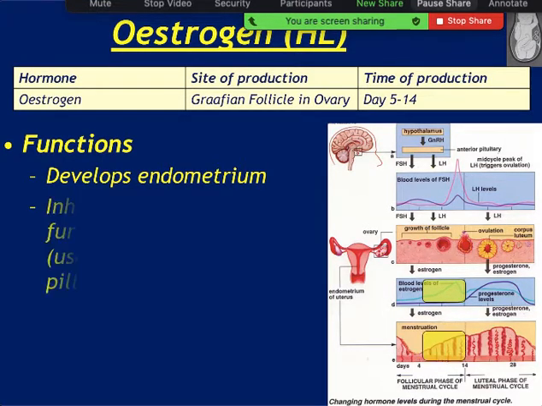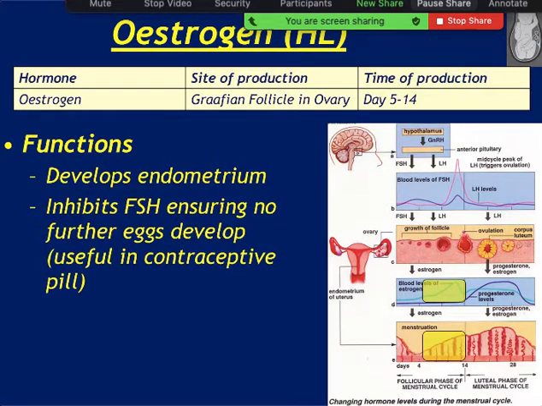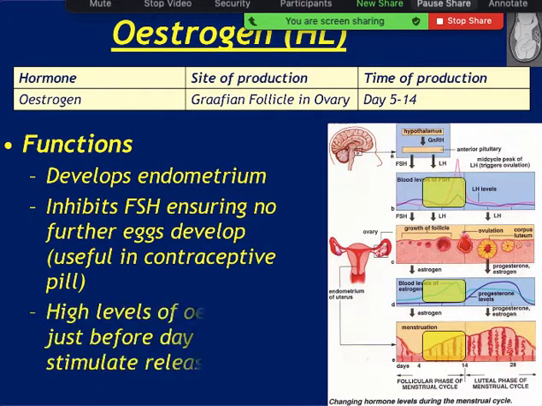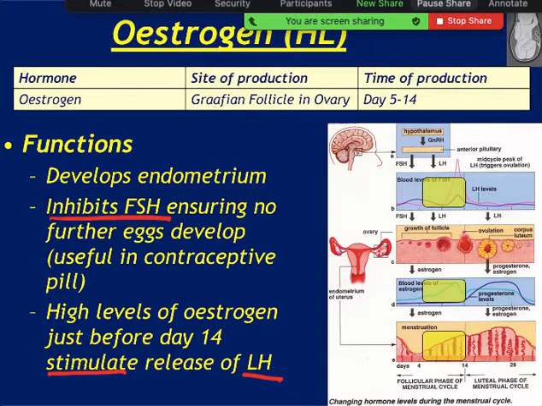So it is going to inhibit the FSH. So now there's no other eggs going to develop, and again, this is something that they use in some types of contraceptive pill, and it is going to stimulate the production of your LH. So it inhibits FSH and it's going to stimulate LH. It's going to develop your endometrium.